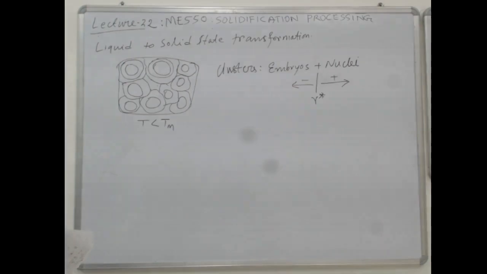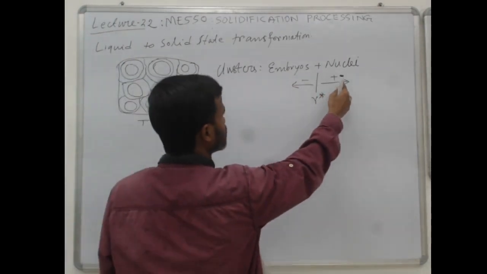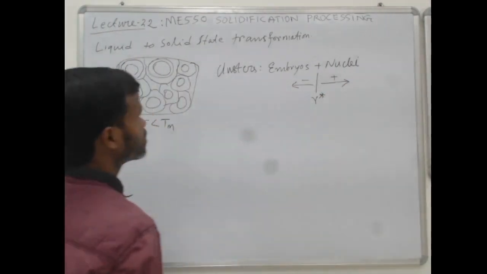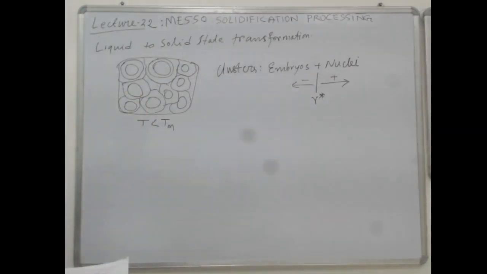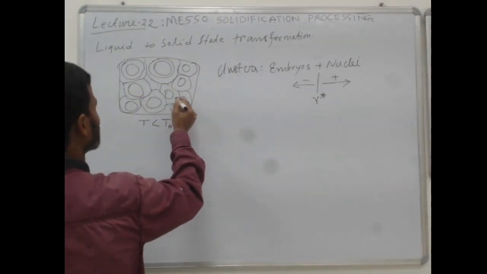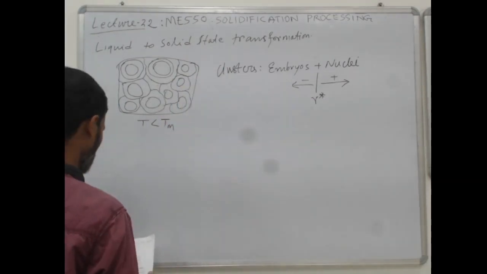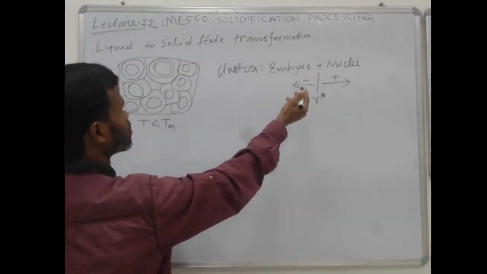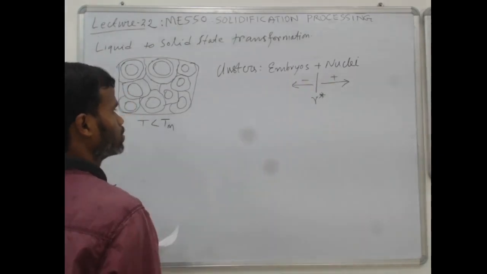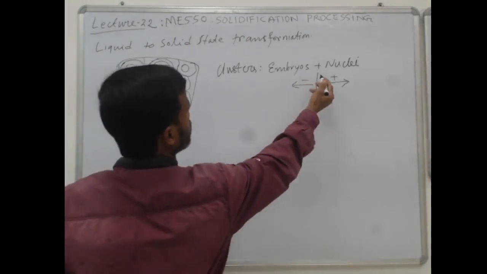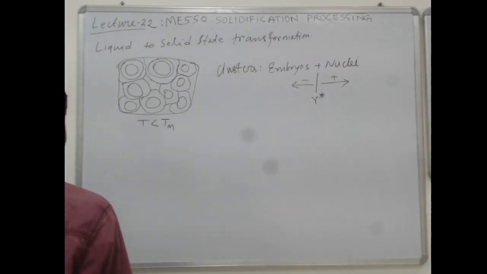So all the clusters which have got a size greater than the critical size will grow. This will happen because of the movement of the atoms in the liquid. So embryos will get dissolved and the nuclei will become bigger in size.